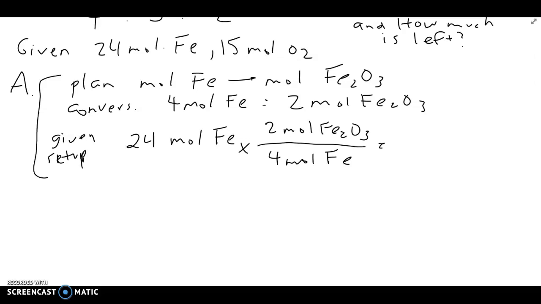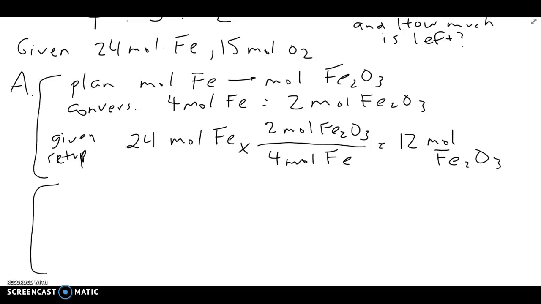So we get a value of 12 moles of Fe2O3. If we use all of the iron, we will get 12 moles of Fe2O3.